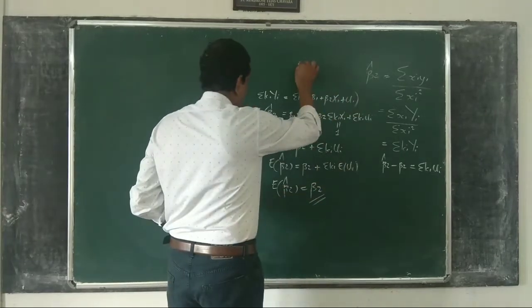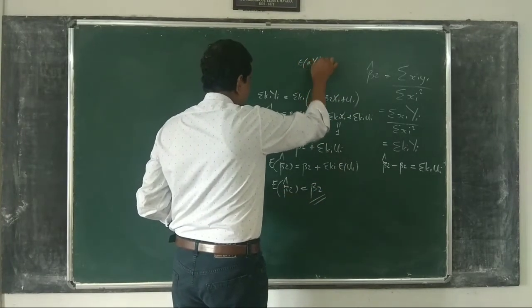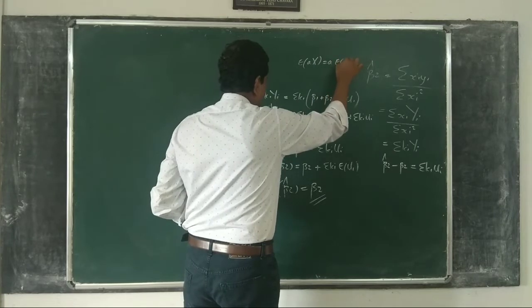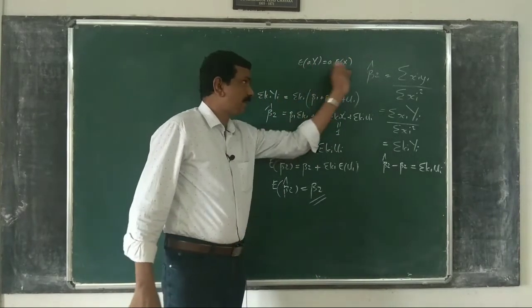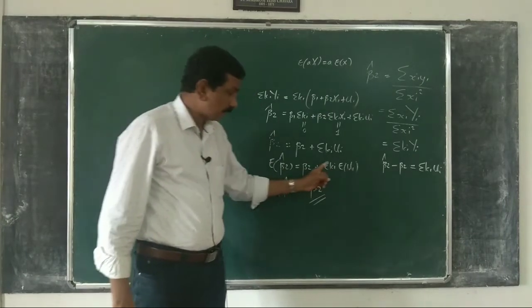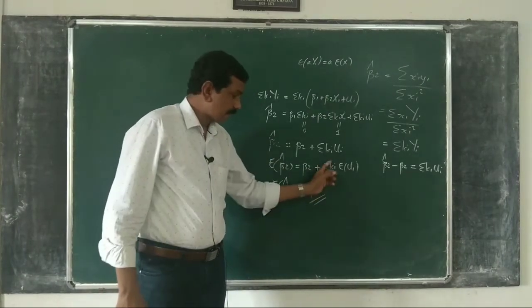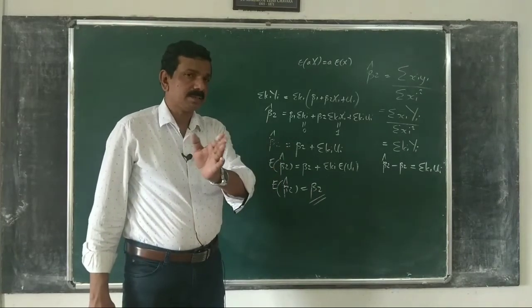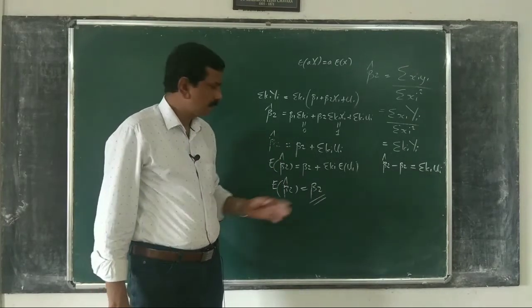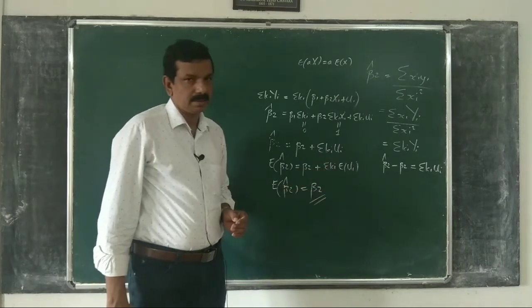As we have seen, expected value of ax is equal to a times expected x. Otherwise, we cannot write it like that. So, as I told you earlier, xi assumed to be fixed in repeated samples is a simplification used at an introductory level to derive the results easily.